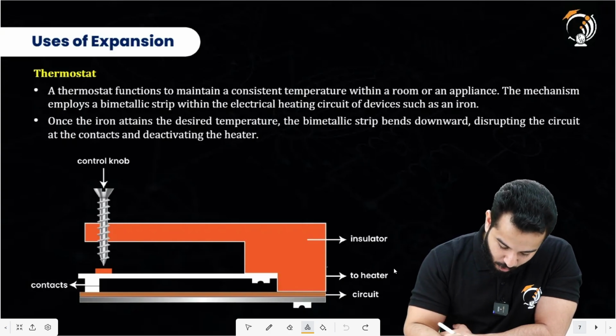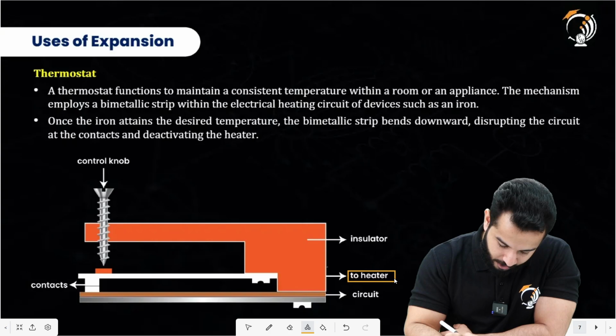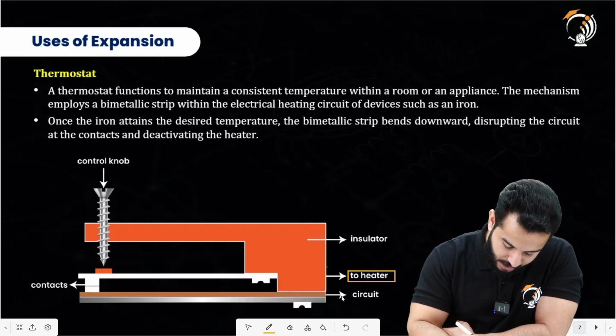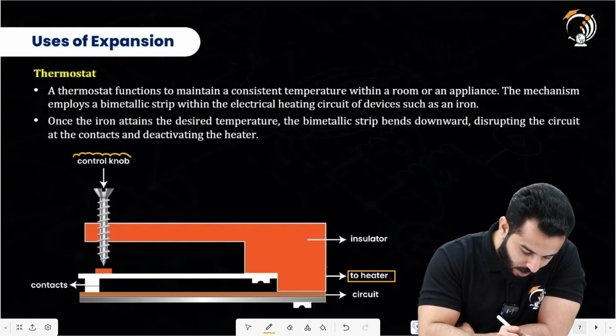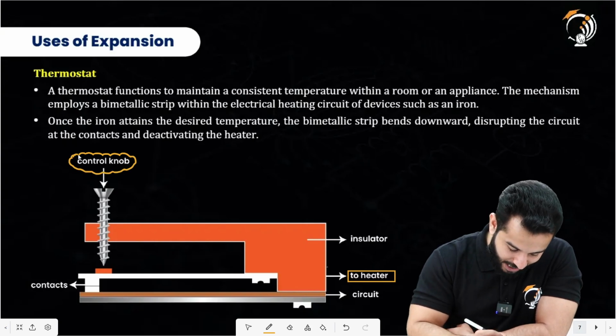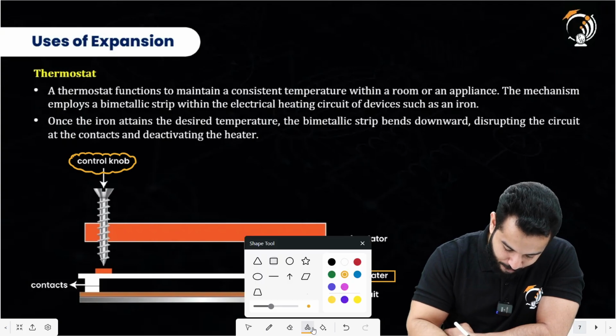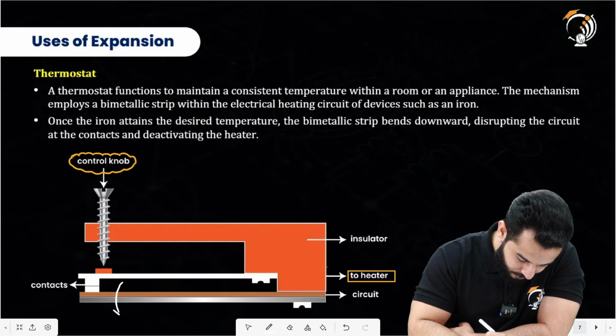Let's suppose we have got a heater over here, and this heater is connected with this bimetallic strip, and there we have got a control knob. So now what's going to happen is that when the temperature rises, this bimetallic strip will bend in this direction.